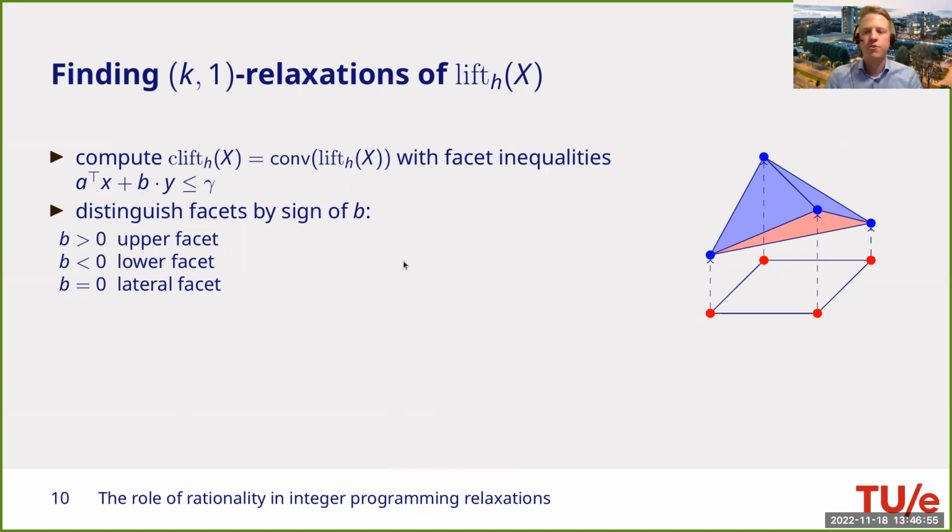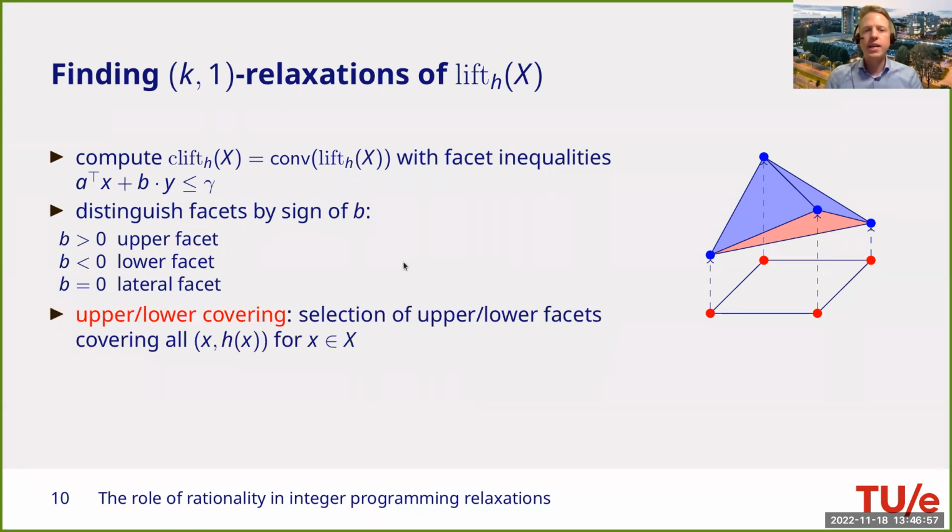And based on the observation from the previous slide, we can come up with a relaxation of this lifting by considering coverings of the points in our lifted space by upper and lower facets. So we are looking for a collection of blue facets that contain all the lifted points. And we are also considering a collection of lower facets, the red facets, that contain all these points.